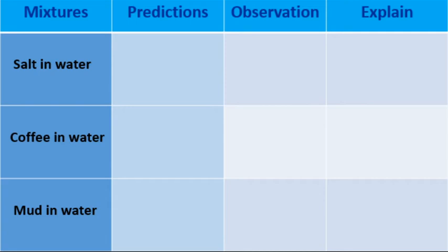Alright, so what are the states of the materials that were combined with water? Again, what are the states of the materials used that were combined with water? Yes, all are solids.